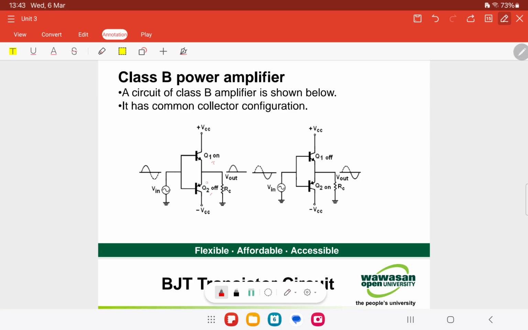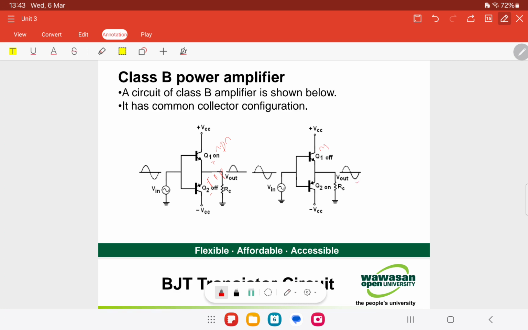This is NPN and this is PNP, so Q1 is on, Q2 is off. During the negative cycle, the NPN is off and the PNP is on, so we get this negative cycle for the output.